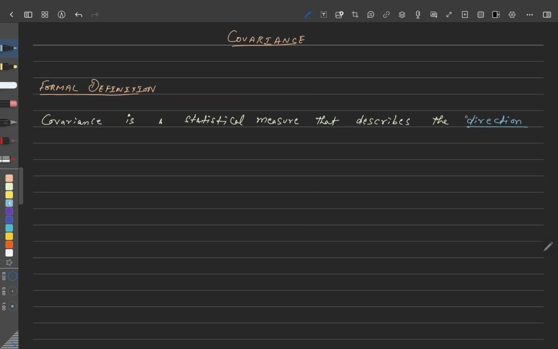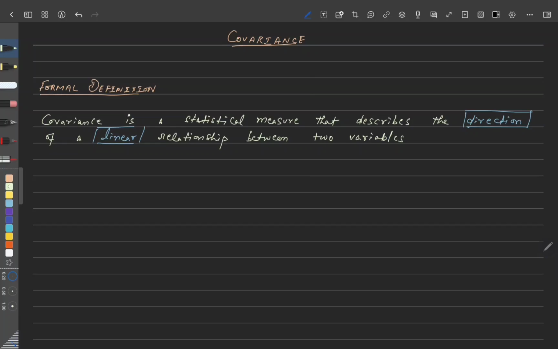This is the important word here. Okay, the word to note is direction of linear, another important word, linear, relationship between two variables.